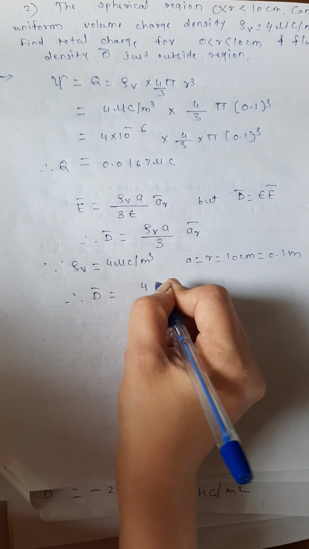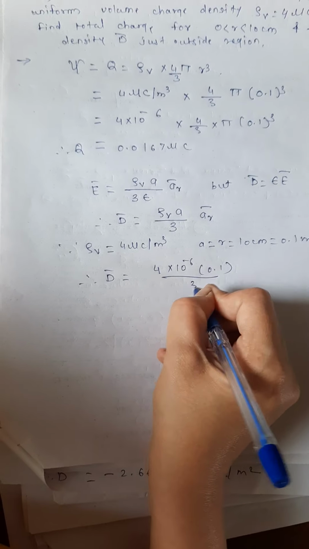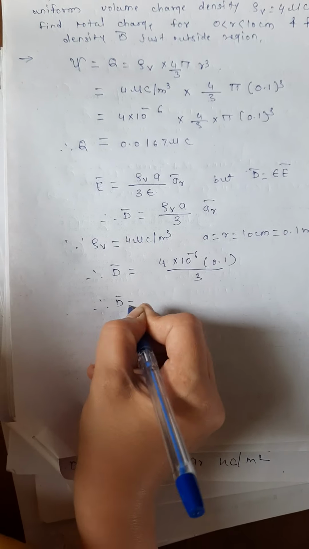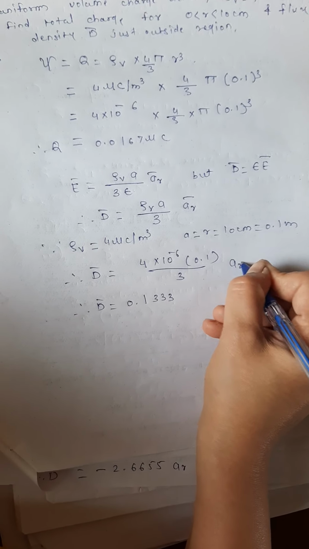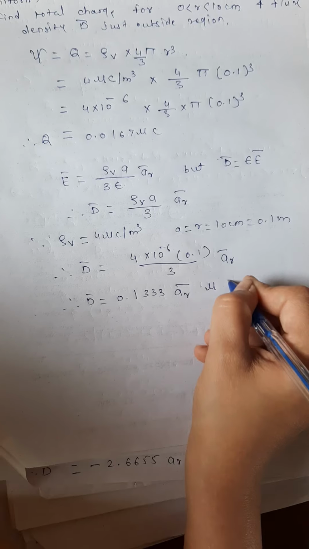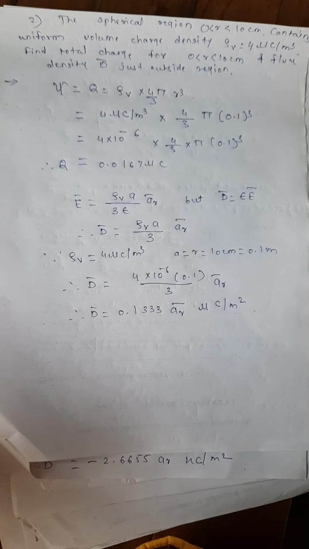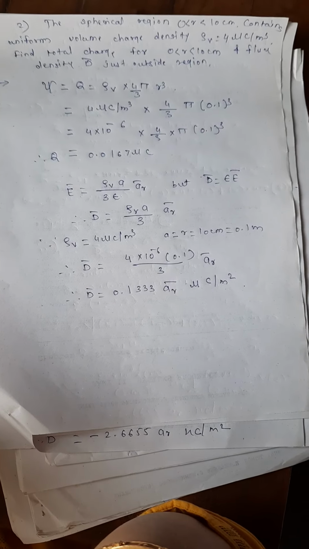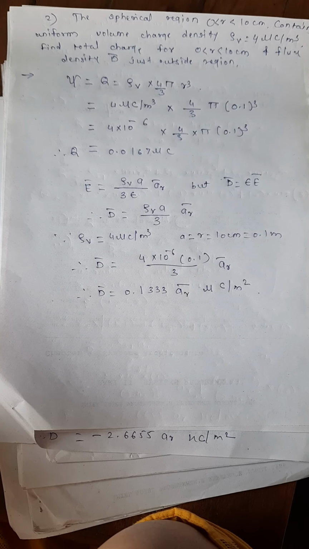It is 4 into 10 raised to minus 6 into 0.1 by 3, and the answer is 0.13 AR bar micro coulomb per meter square. So this is D bar. This problem was asked in an exam for 6 marks. So in this way we can find the value of D bar and Q.